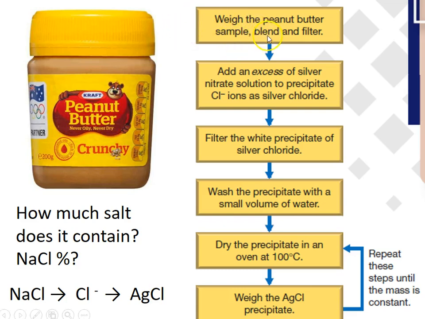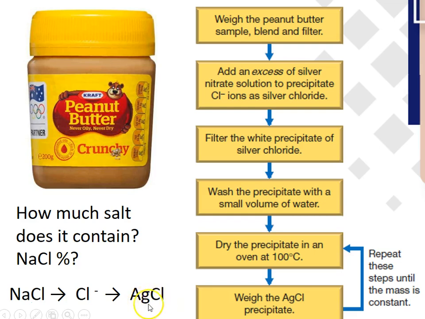We're going to blend it, mix it up with water and dissolve it, so that the chlorine ions are floating around. And then we're going to trap those chlorine ions by adding silver to make silver chloride precipitate.